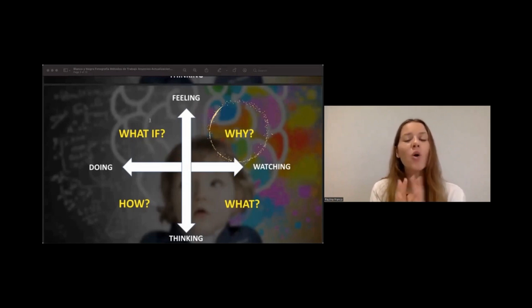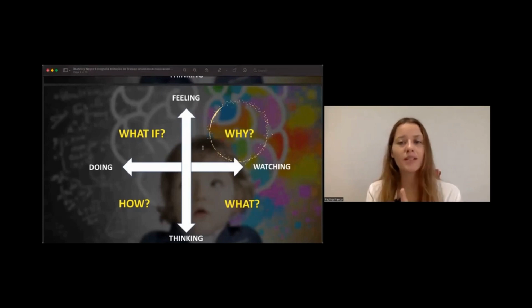And number 4, what new possibilities will this learning create? Like, how can I do this? And what if I practice it? What if I try to do it? What's going to happen? But as you can see here, I highlight the why, because this will be focused on in the why.